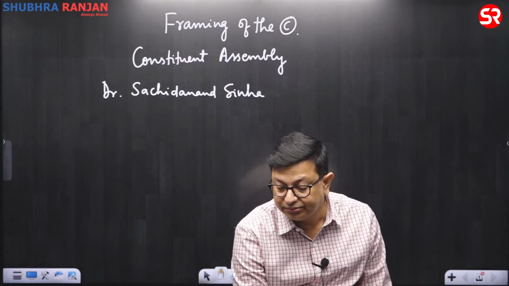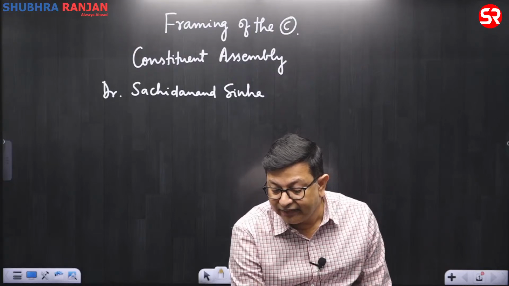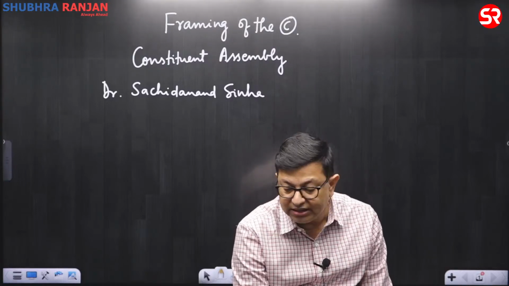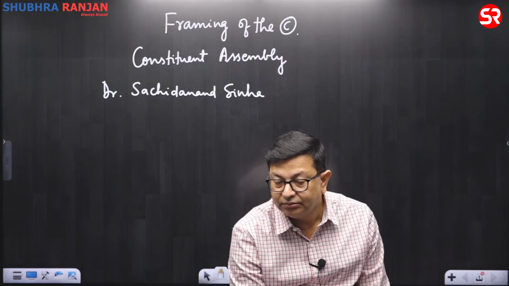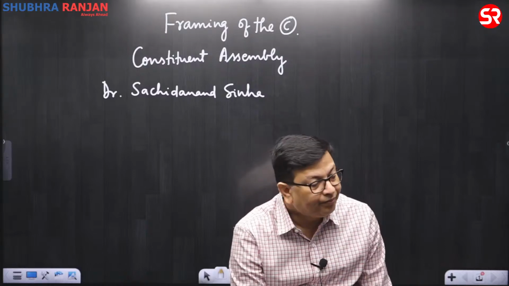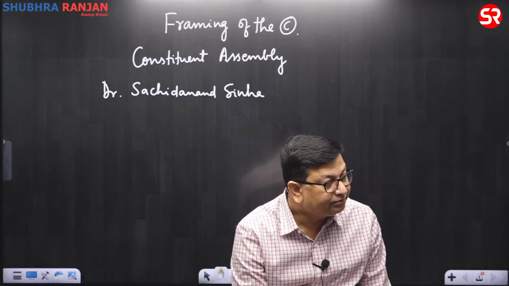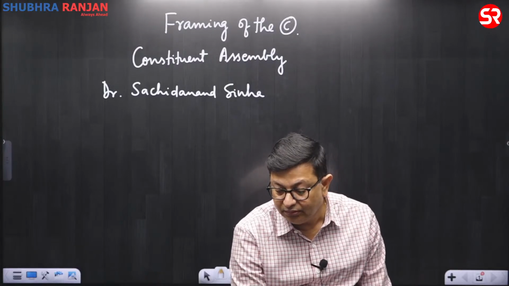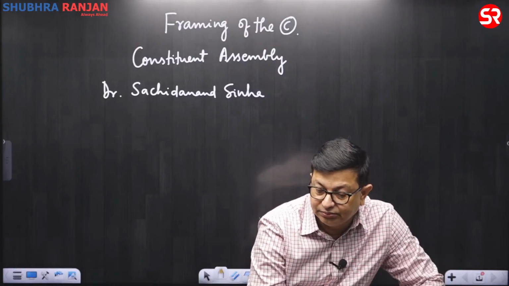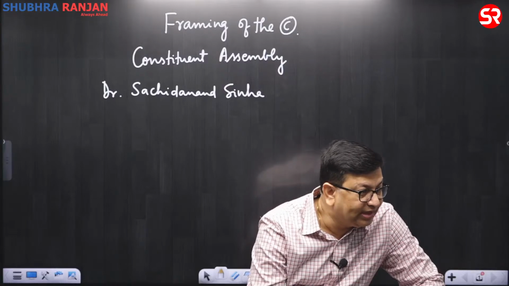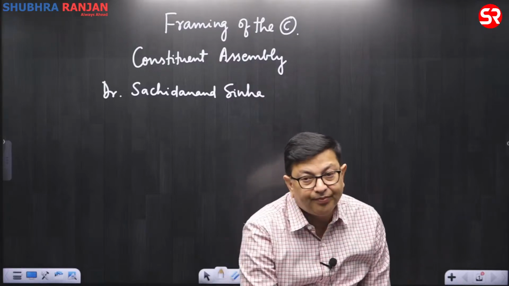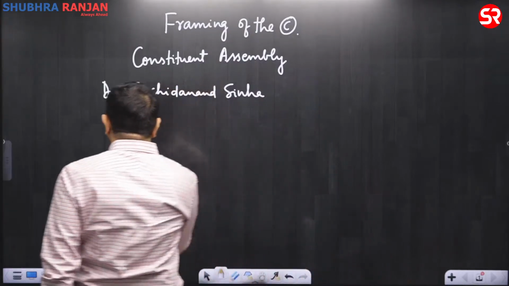Next, on 11th December 1946, Dr. Rajendra Prasad was elected as the President of the Constituent Assembly. Full stop.